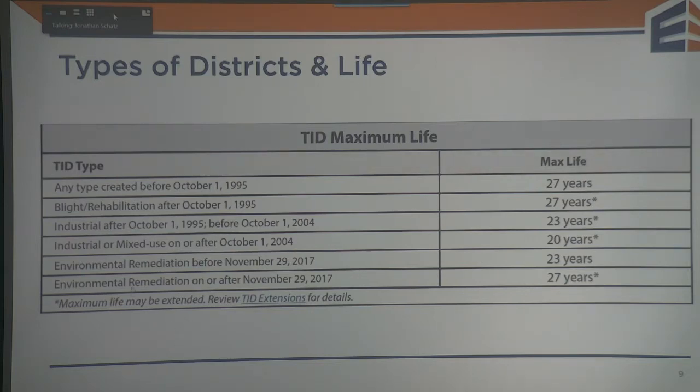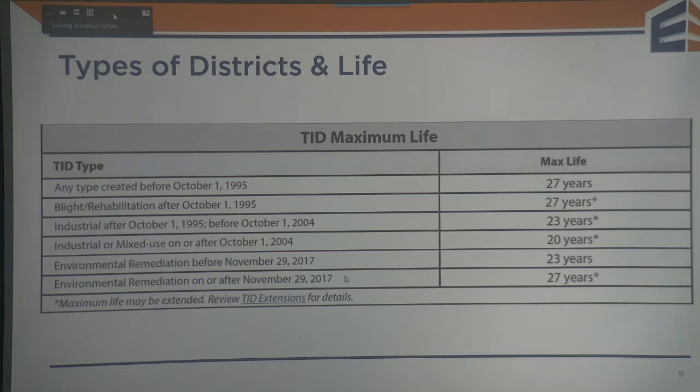And then there's a newer type of TID called an environmental remediation TID, which is exactly as it sounds, mainly for environmental mitigation and cleaning up those types of sites. There's a pre-2017 23-year ER TID, and then a post-2017 27-year ER TID.